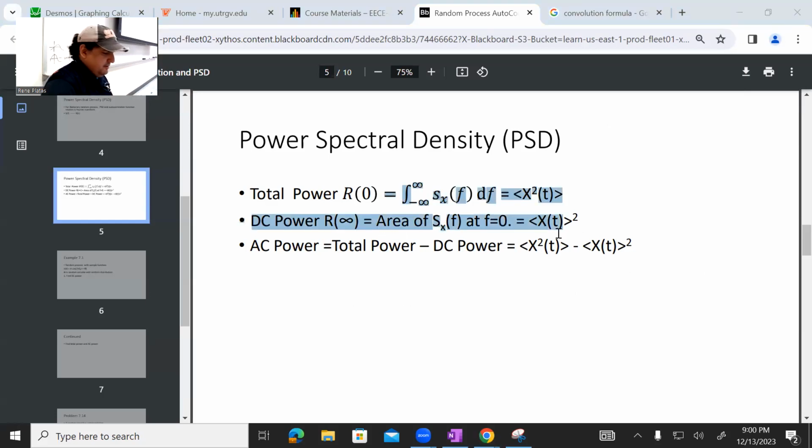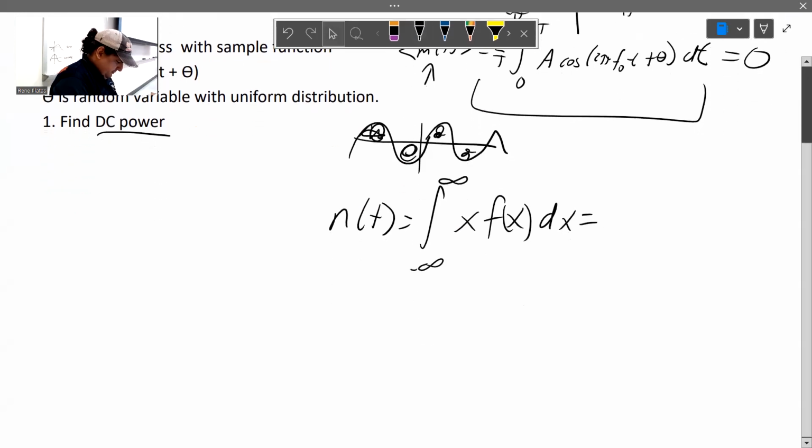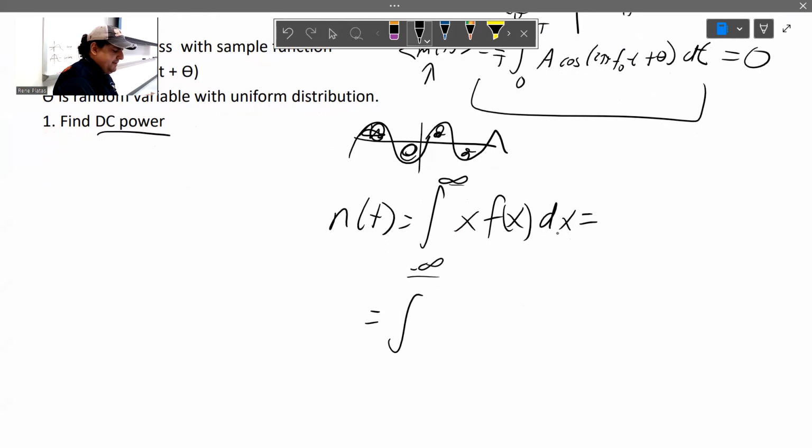So we substitute our values. The random variable is theta. We don't have to integrate from negative infinity to positive infinity, we can integrate from negative pi to pi.